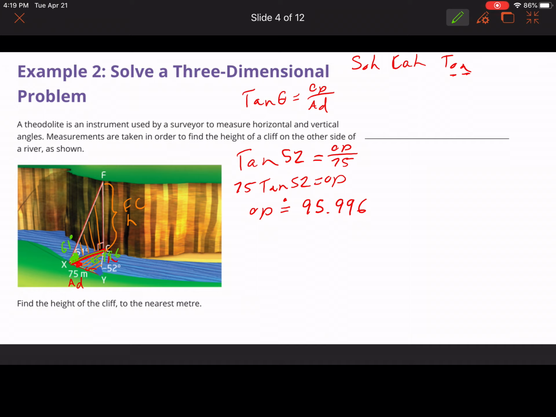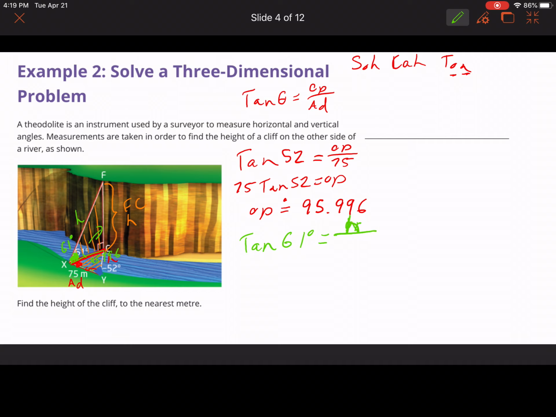Again, we've got an adjacent side, the one closest to the angle. We've got an opposite side, the one farthest away, which we're trying to find. We know it's not the hypotenuse because that's opposite the right angle. So again, we're dealing with tan. This time tan of 61 degrees equals, we're still trying to find our opposite, let's call it H, so I'm not writing opposite.